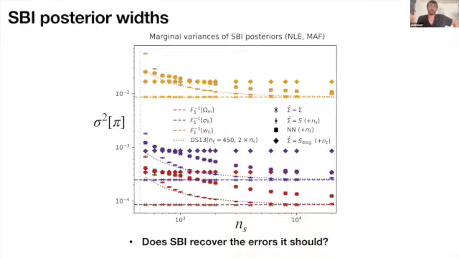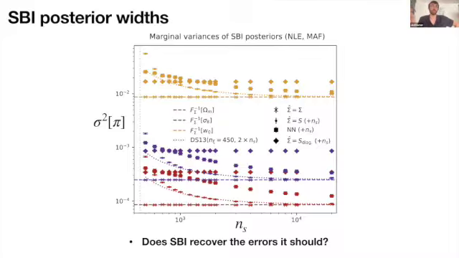These are the posterior widths reported from supplying SBI with the optimal linear compression, but a noisy data covariance. We use a different data covariance for each experiment, obviously, and each of these points is measured using 200 independent experiments with independent data covariances and training and all of this.